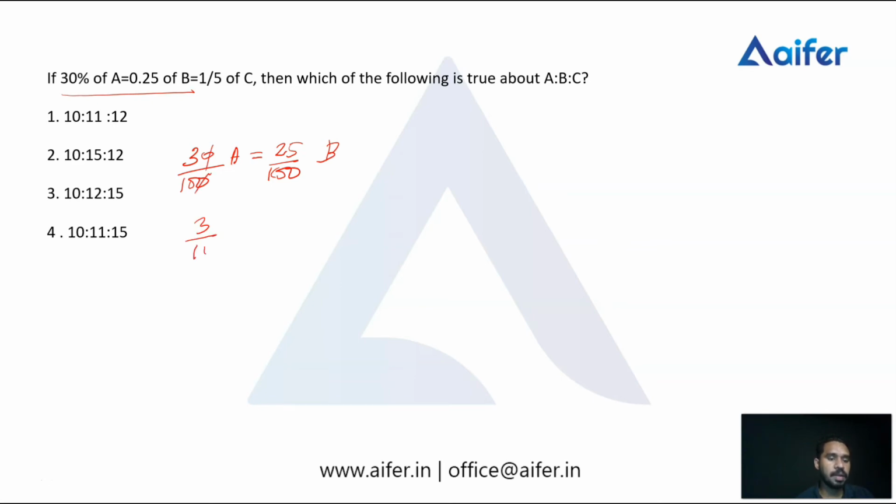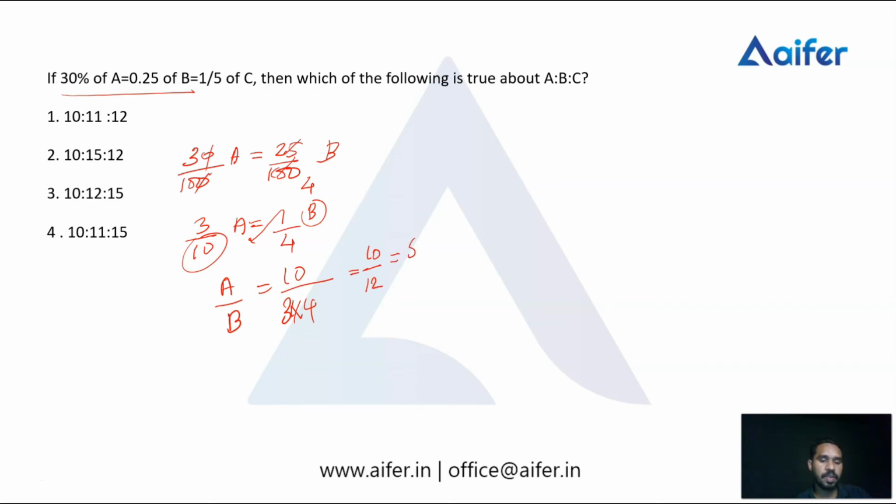Then we can simplify. 3 by 10 of A is equal to 25 by 100, which is 1 by 4, of B. Then A by B is equal to, the B goes downward and the remaining terms come together, so 10 by 3 into 4, that is 10 by 12.